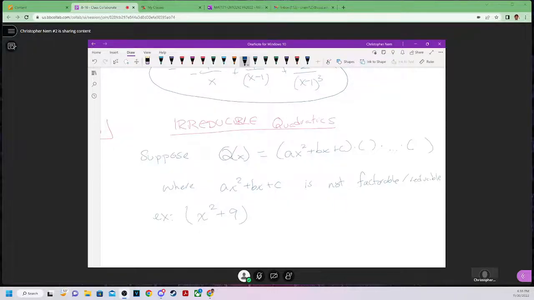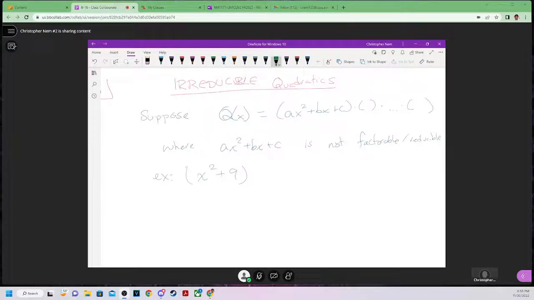So if you have this case, then we can write r of x, which is equal to p of x over q of x. I don't know what these other factors are, but I can write it as something over ax squared plus bx plus c.